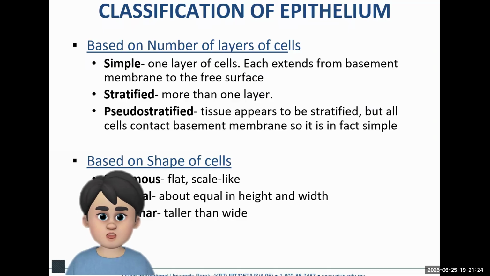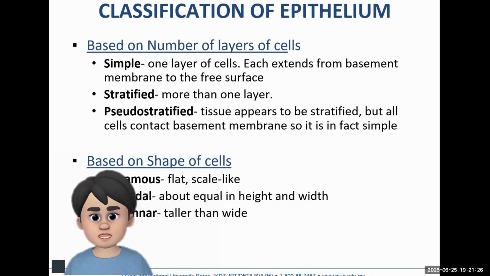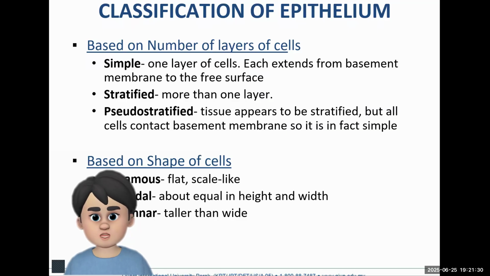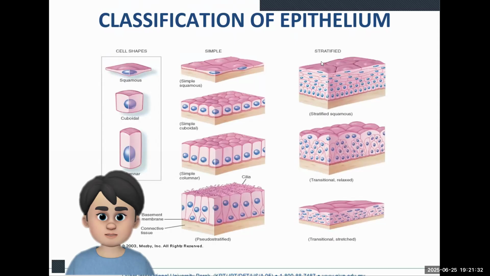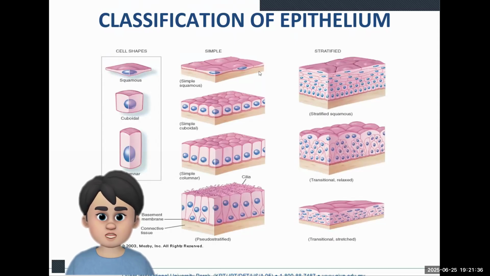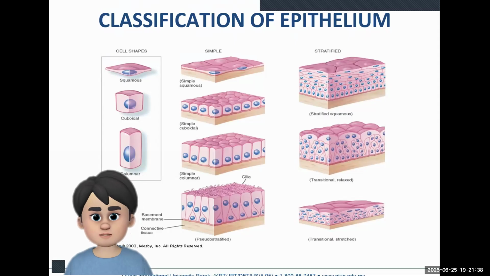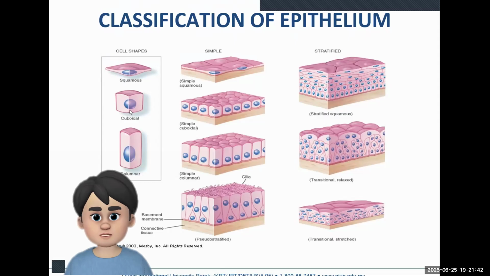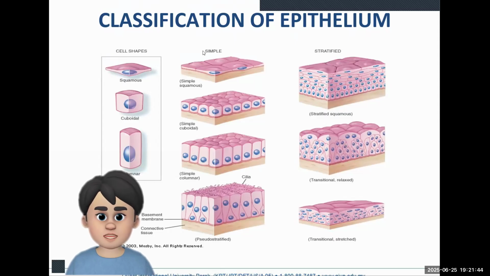Based on the shape: squamous, flat, scale-like; cuboidal, about equal in height and width; columnar, taller than wide, like a column. These are drawings actually, but even the real ones are very much similar. So this is squamous, cuboidal, columnar. This is simple epithelium, right?